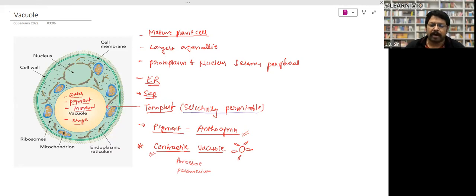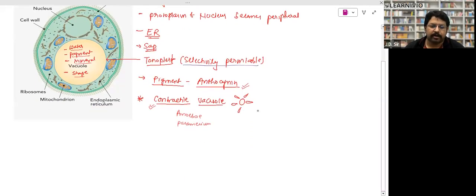Some protozoa have contractile vacuole, right? This is the plant vacuole. This is the central vacuole, right? But some animal cells have contractile vacuole, like amoeba and paramecium. The function of this contractile vacuole is excretion. Tell me.